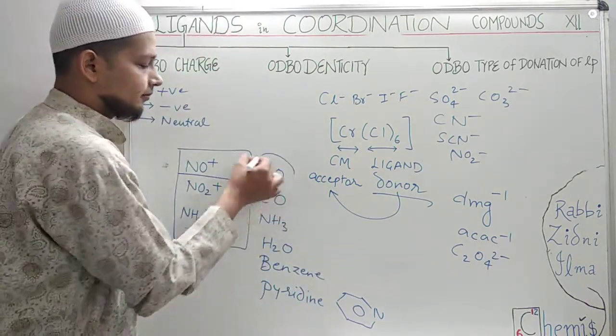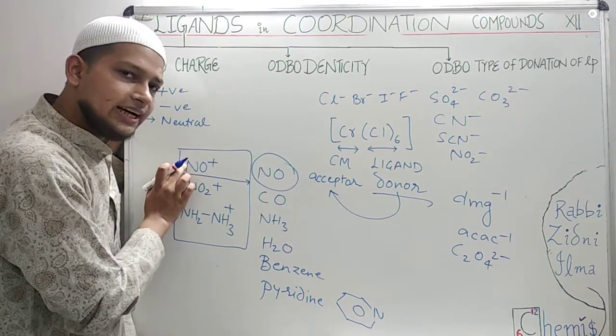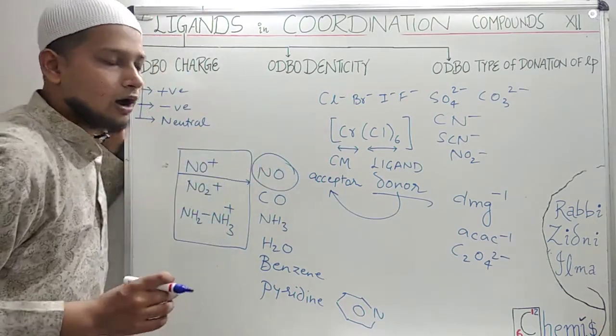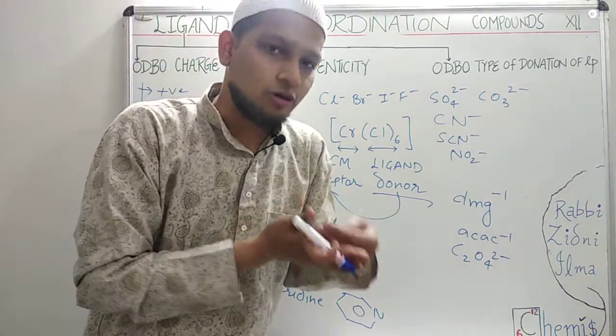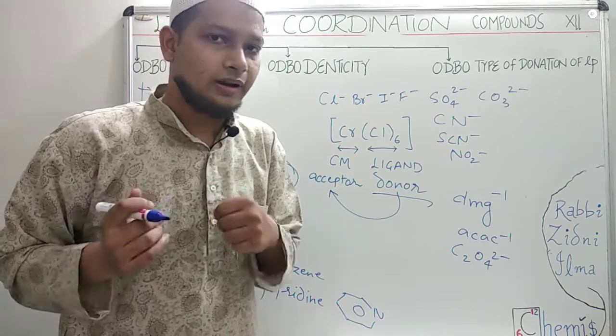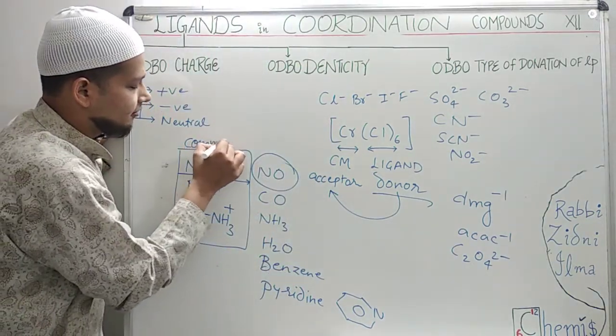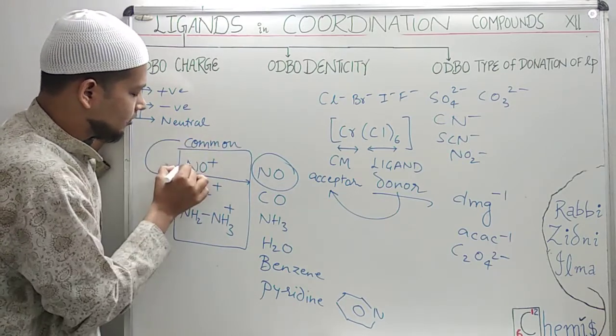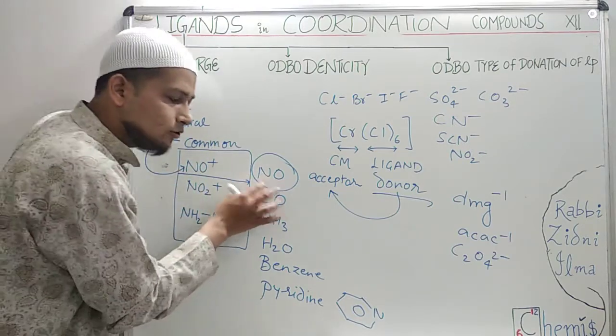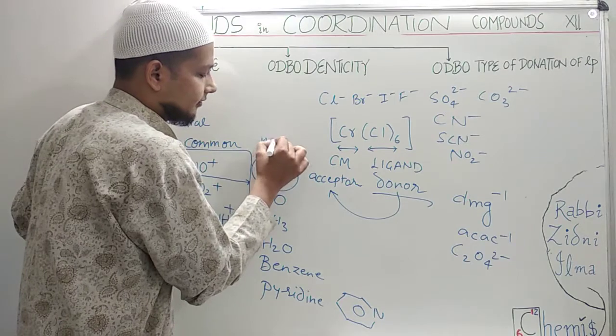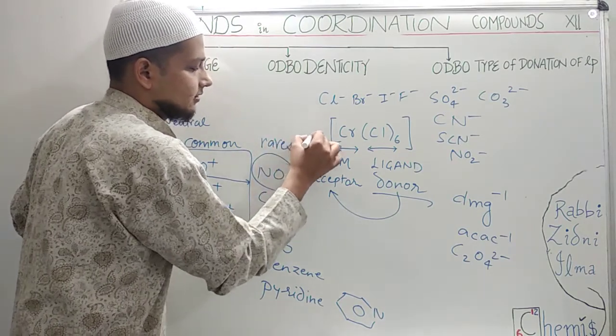Now look here. NO is positively charged. NO is neutral also. So how will we judge which one is positively charged and which one is neutral? NO+ is the common one. It is very common and found in most of the examples. Neutral NO is highly rare. Not rare, rarest.